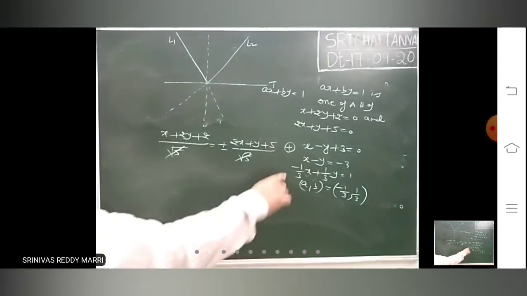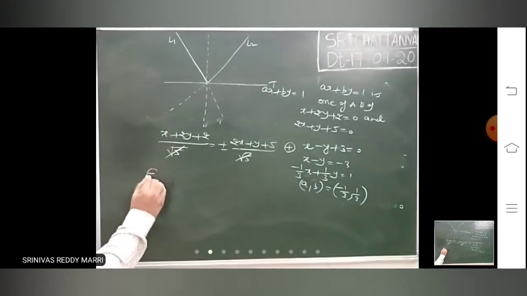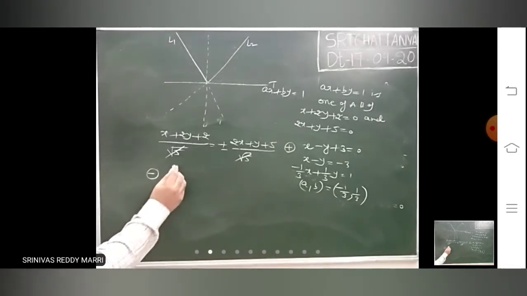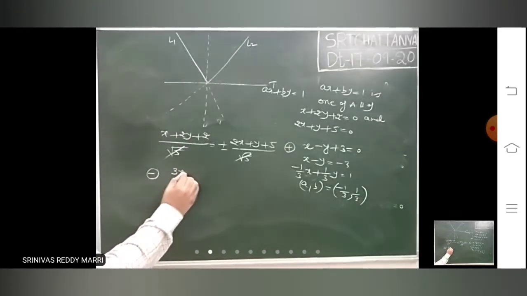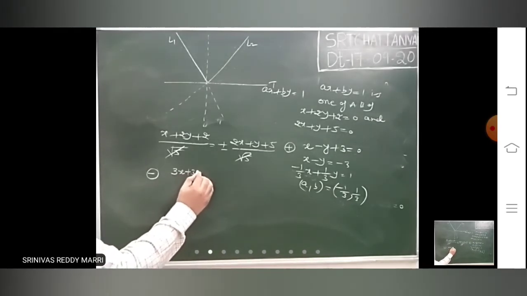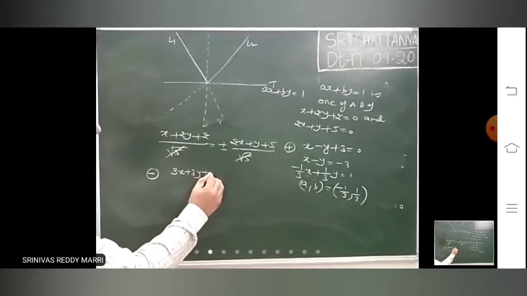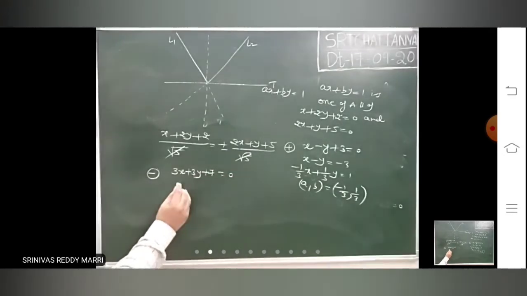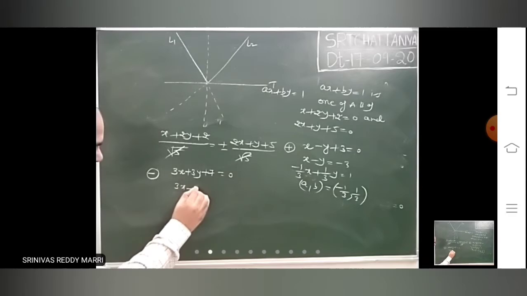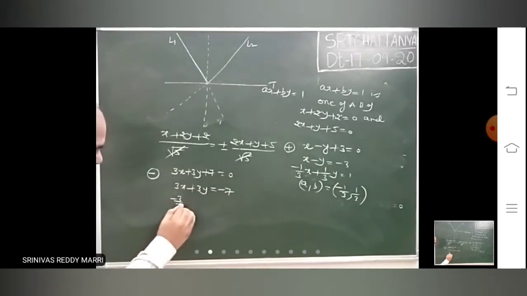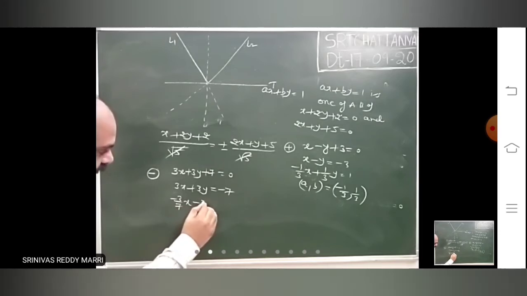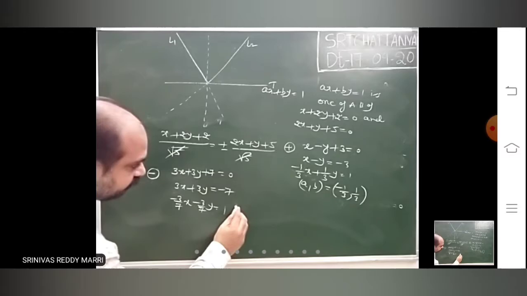This is one. It can be the other angular bisector also. If you take minus, bring this side: 3x plus 3y plus 7 equal to 0. That means minus 3 by 7 x minus 3 by 7 y equal to 1.